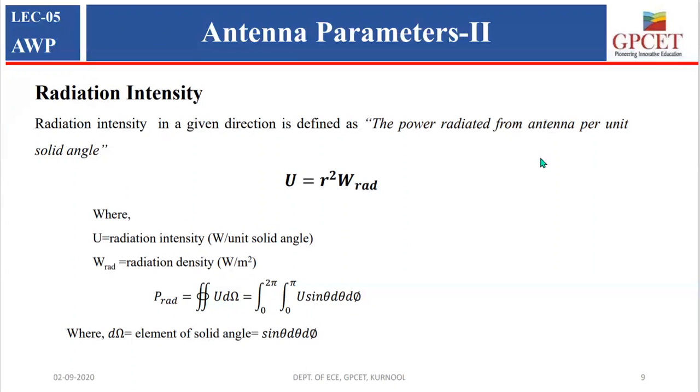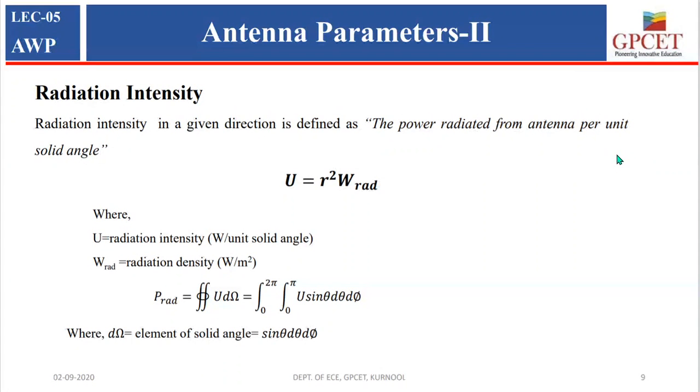If you remember the definition of the solid angle, in order to define the solid angle or steradian, we consider a sphere of surface area r square. To define one solid angle or one steradian, we consider a surface of a sphere of surface area r square. Because of that, we are multiplying the radiation power density with the term r square.